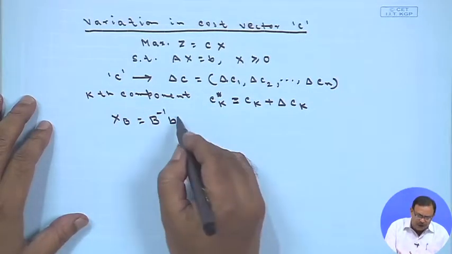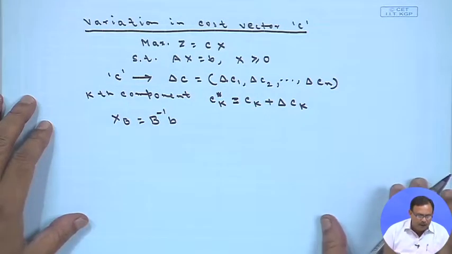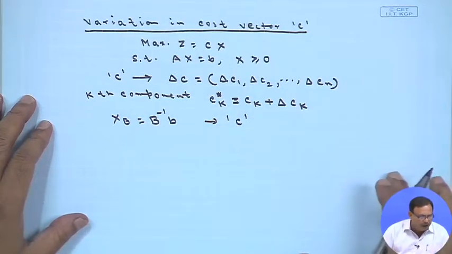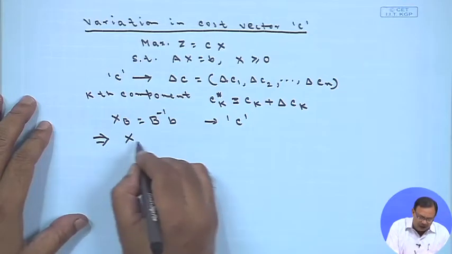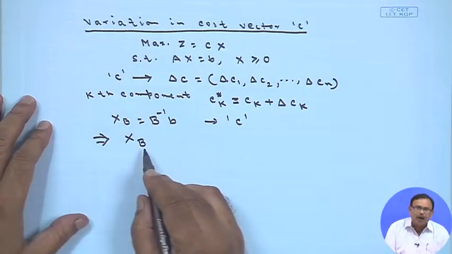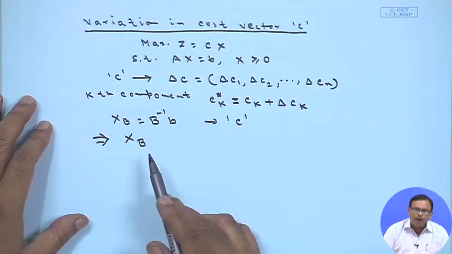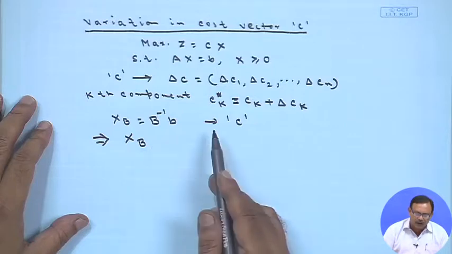If you see this solution B inverse b, it is independent of the cost vector C. So this implies that xB will remain unchanged; the current solution will remain the basic solution.